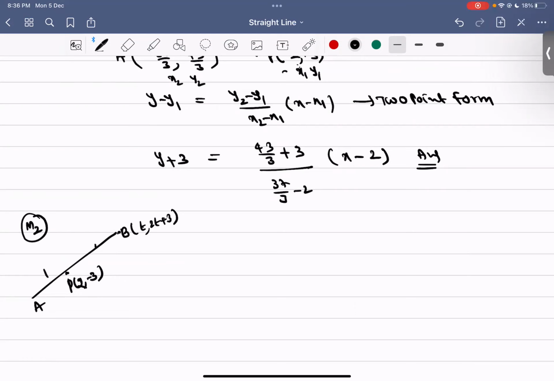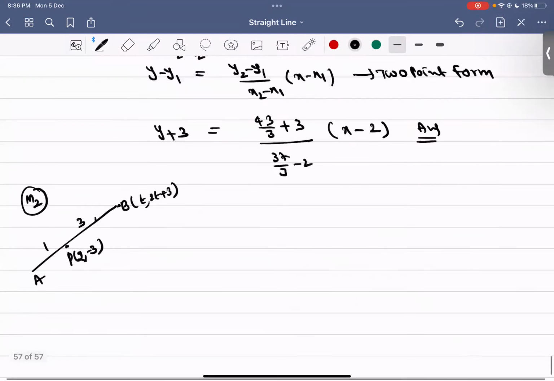So now 1:3. In the first method, I considered AP by PB equal to 1 by 3, internal division formula. So you can write this thing in this case.